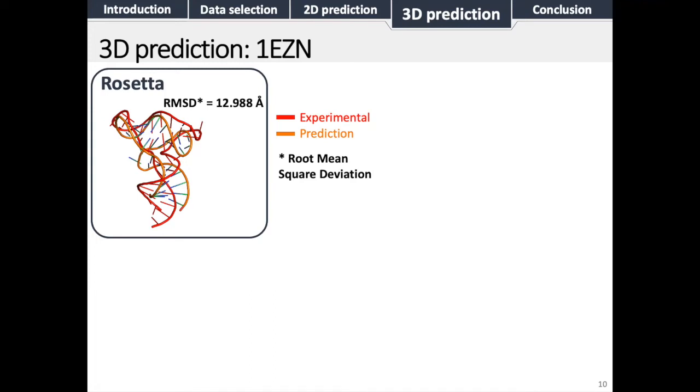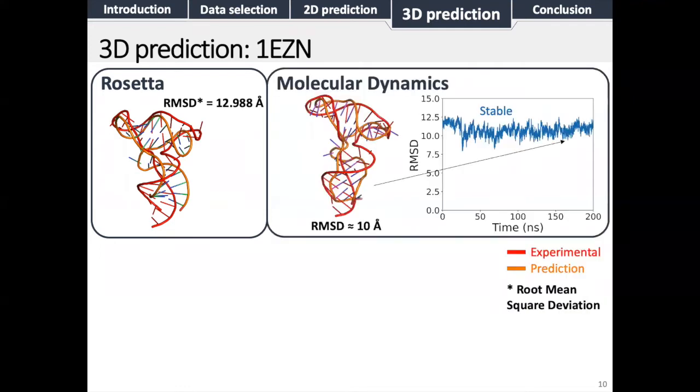To see that, we can also calculate the root mean square deviation, which is basically the measure of the average atomic deviations between a molecule and a reference. Here you can see that we have a value of 13, but we expect a value around 5 to conclude about structural proximity. So this is really high. And this justifies the next step, molecular dynamics.